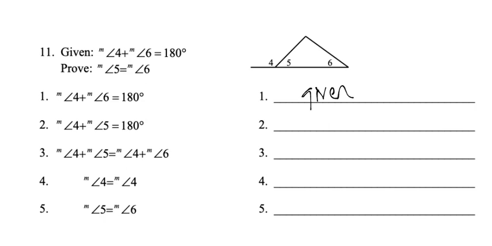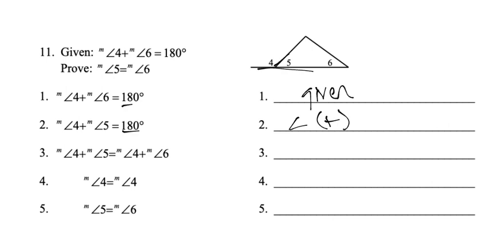Those are adjacent angles that add up to a straight angle. So that's how I know that. And that's just angle addition. It just happens to be a specific kind of angle addition where it adds up to 180. So I can always assume that two angles that make a straight line should add up to 180.